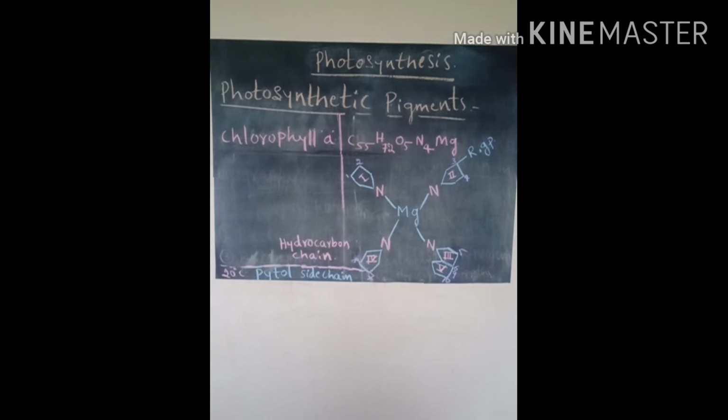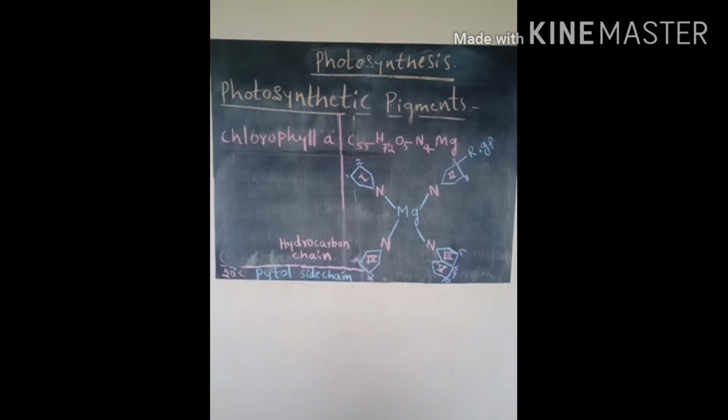Altogether 5 rings form the head part of a chlorophyll molecule, and the tail part is attached with the 7th carbon atom, especially at the 4th chiral ring.